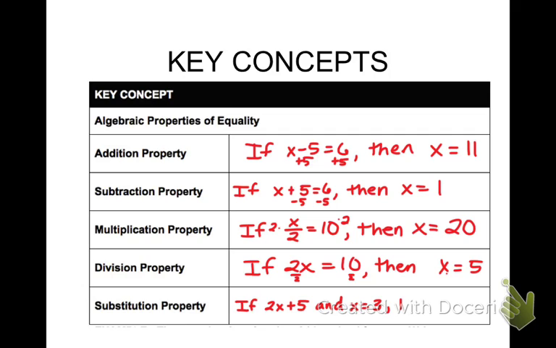We plug it in place. So 2 times 3 plus 5 would equal 11. 2 times 3 is 6, 6 plus 5 is 11. So when you substitute something in place of it, it's the substitution property.